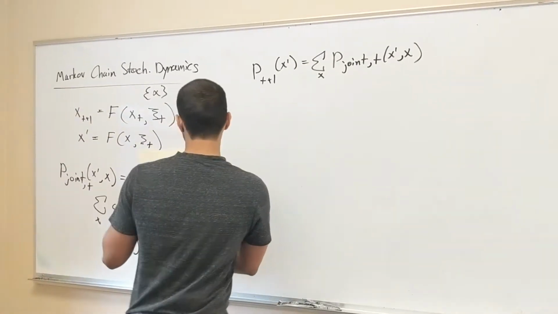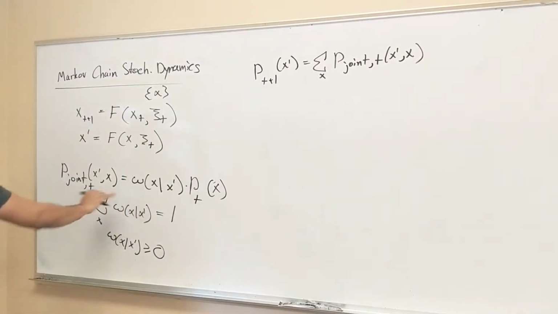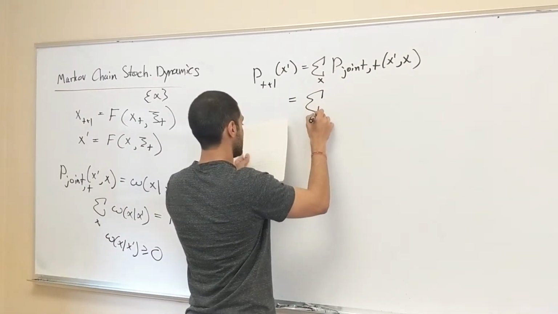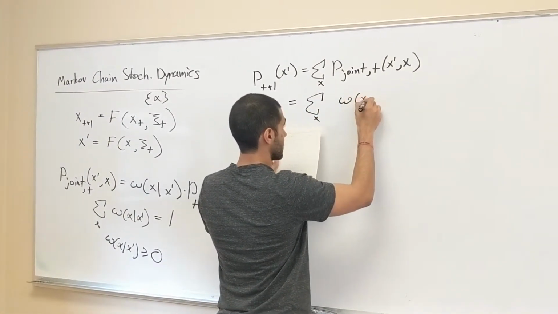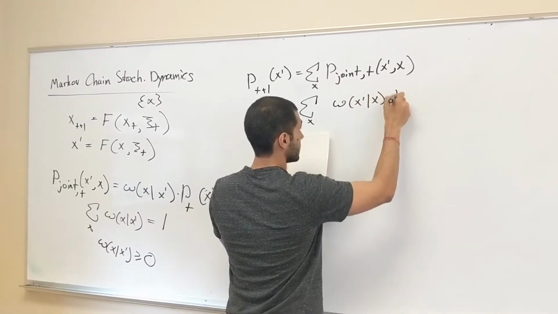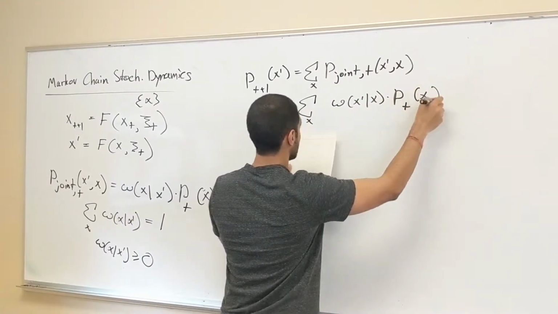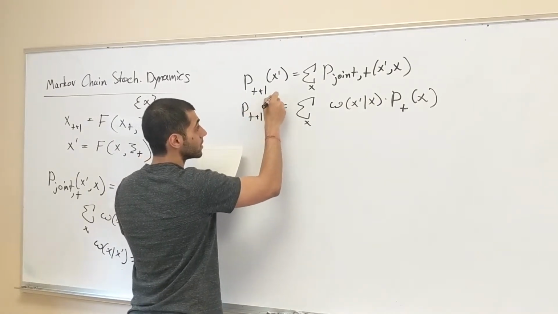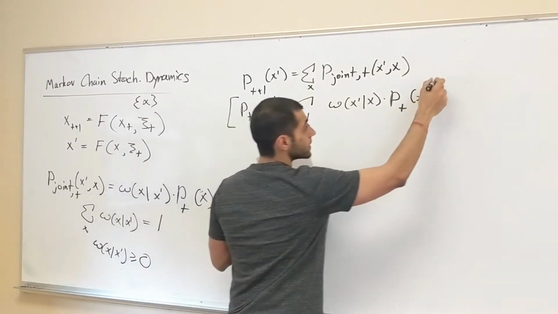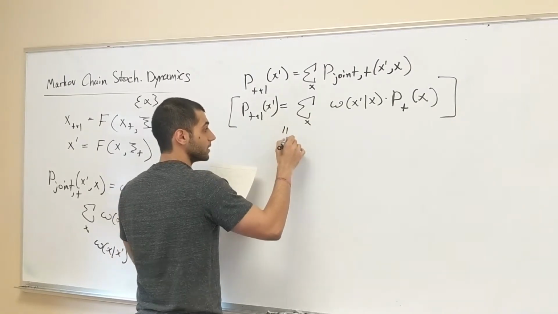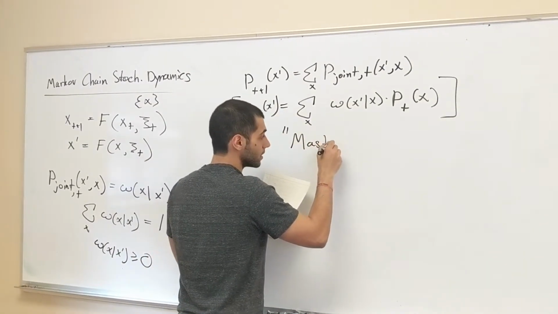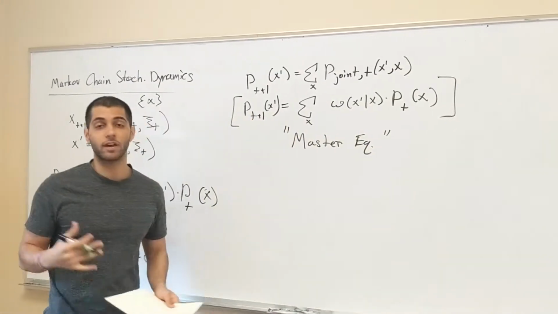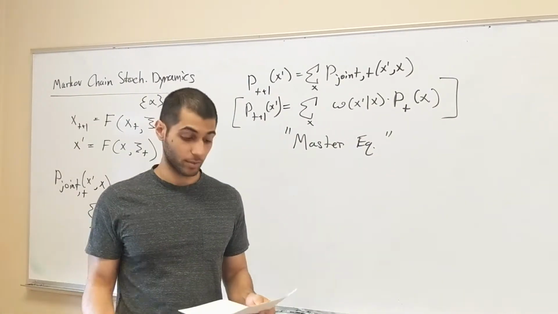So inserting our expression for the joint probability, we get something that looks like this. This is a so-called master equation. This equation governs the dynamics of our stochastic process.